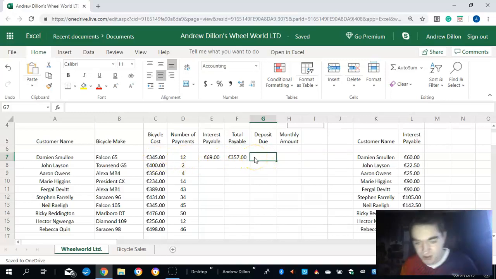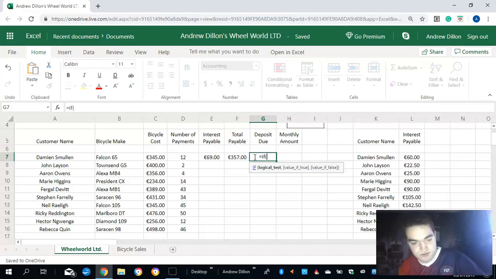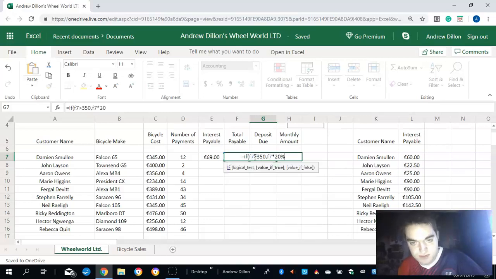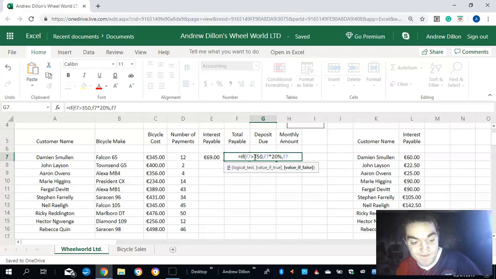So equals IF F7, 350, and F7 you can multiply by 20%. Or else F7 is multiplied by 15%. Okay.